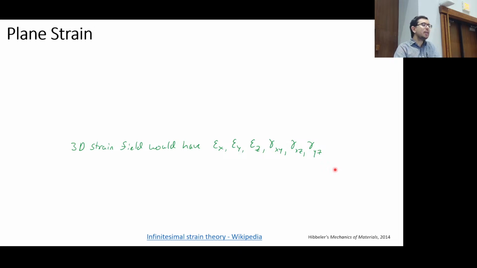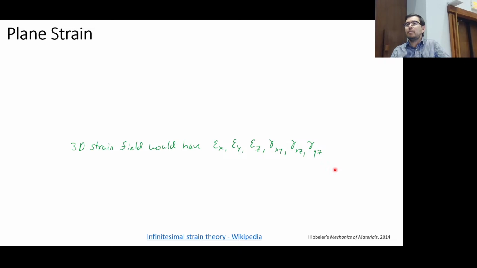But before we get to the details on plane strain, let's just say that a field of strain could be represented by our familiar buddies: epsilon x, epsilon y, epsilon z, and gamma xy, gamma xz, and gamma yz. Just like stress, 6 different parameters to quantify strain in 3 dimensions.